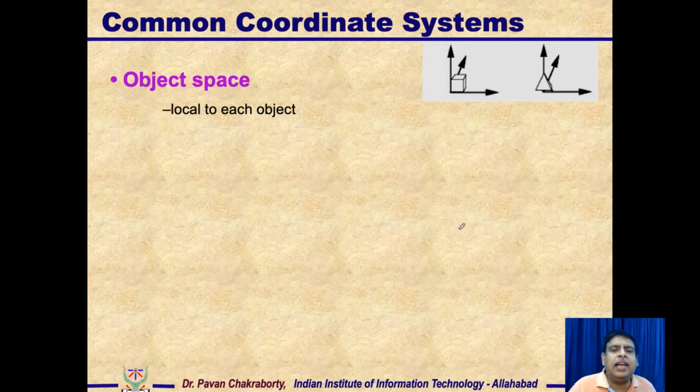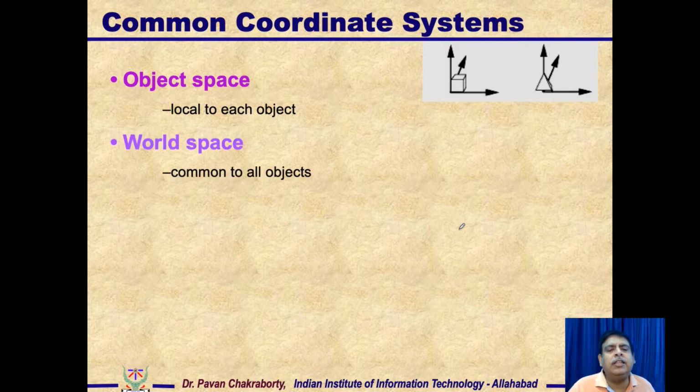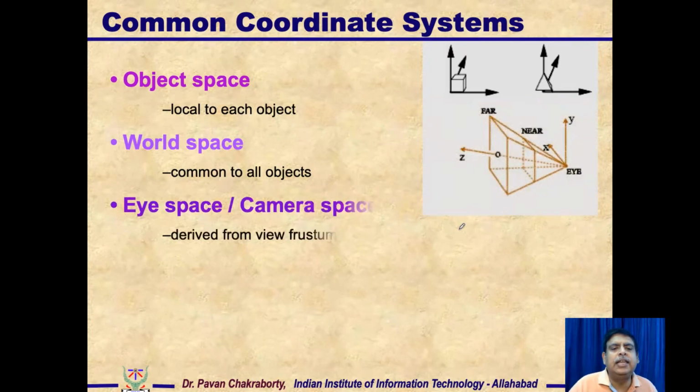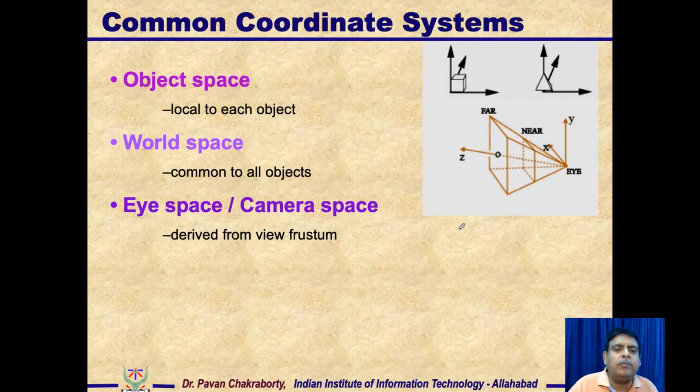Normally, any object that we have is designed in the local coordinate system, as we see here, the cube and the pyramid. Then all these objects are placed on a common platform called the world space, common to all objects. This world space is transformed into the eye space or camera space derived from the viewing frustum.